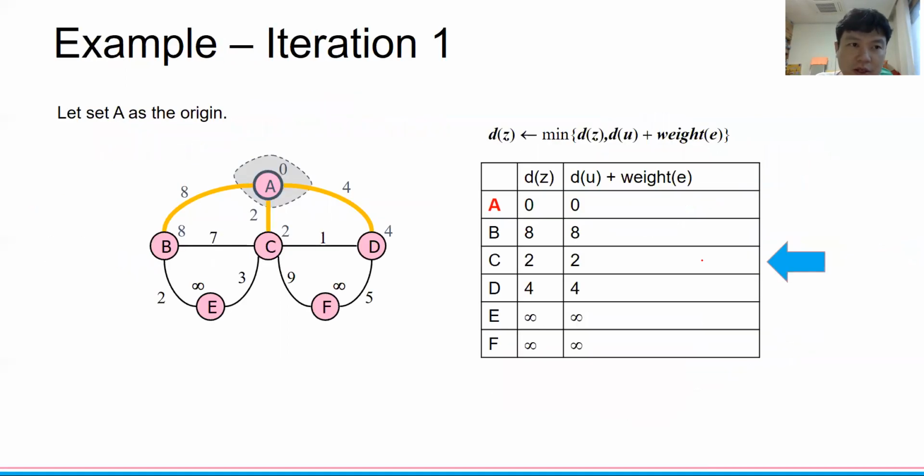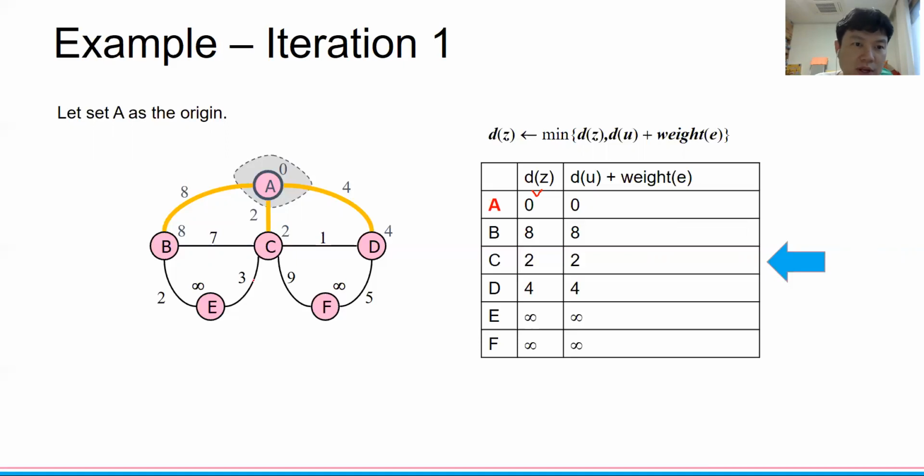So in this case, let's see this iteration. We want to start from A. A is 0, because the original value is 0, and then we want to explore every node.